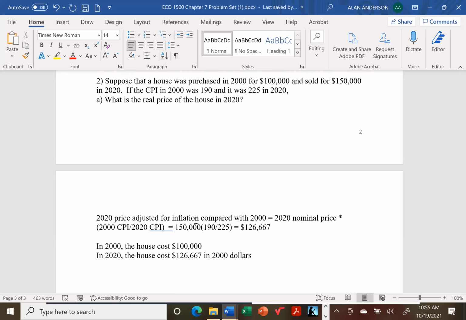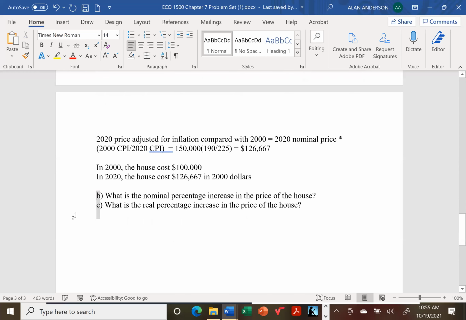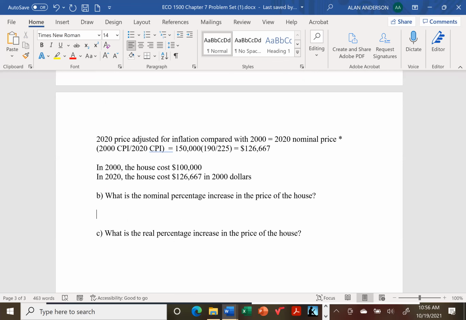Now, B, nominal percentage increase. Nominal means actual current dollars. So that means the 2020 nominal price minus the 2000 nominal price, all divided by the 2000 nominal price.